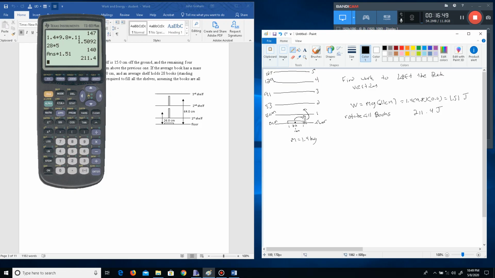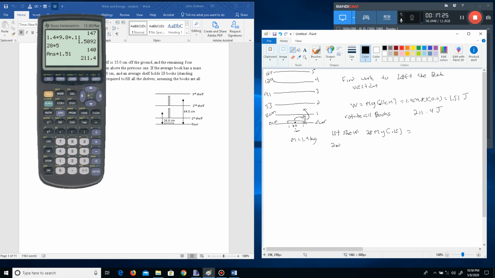Well, 11 to 26 is 15 centimeters. So we're only raising it 15 centimeters. So for the first shelf, it's going to be the mass times gravity times the 15 centimeters times the 28 books, because we're lifting all 28 books to the first shelf. And so we're going to want to get that total.